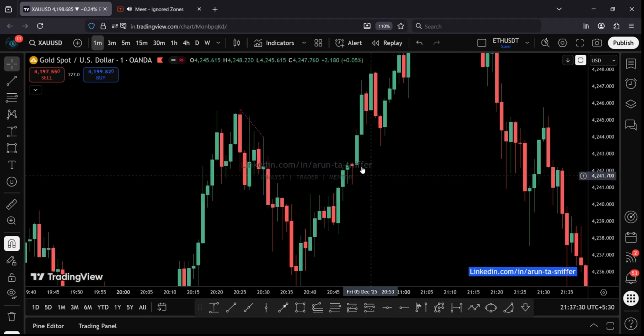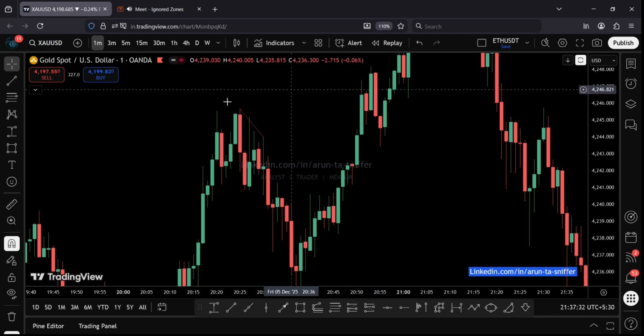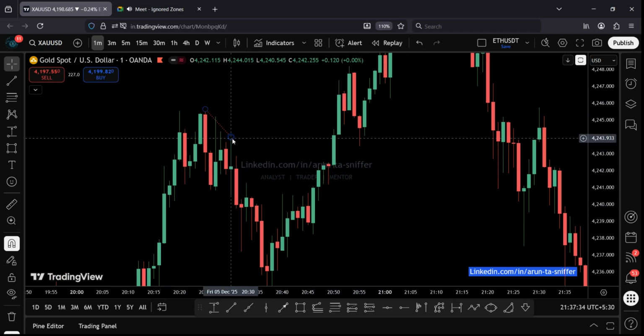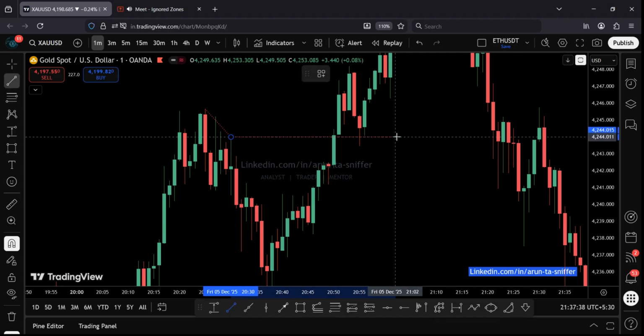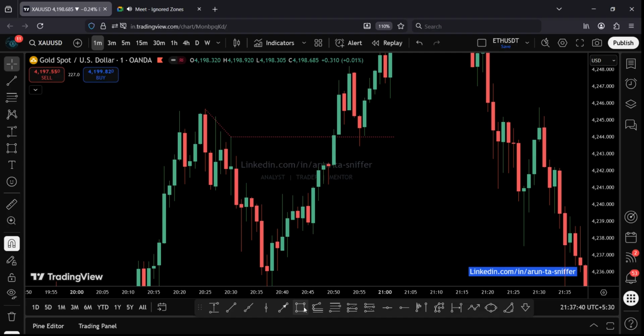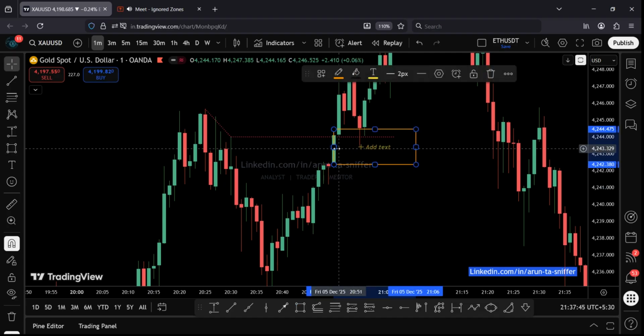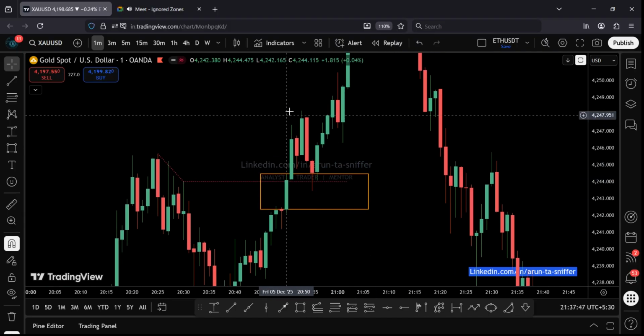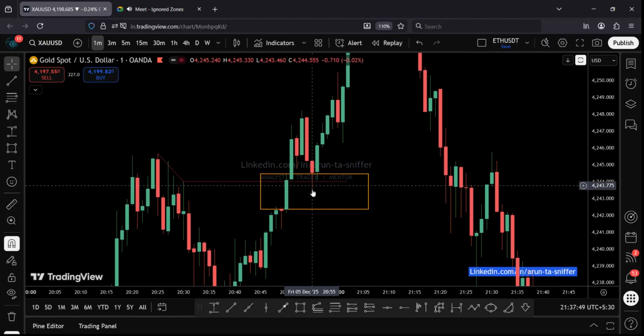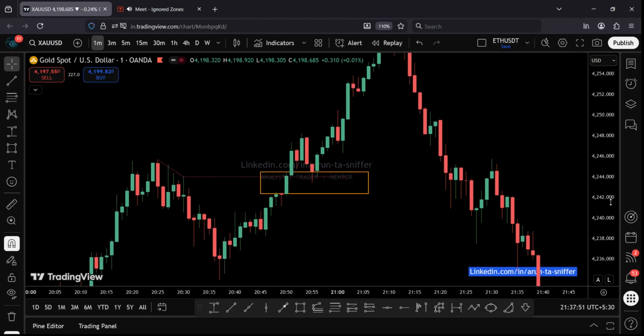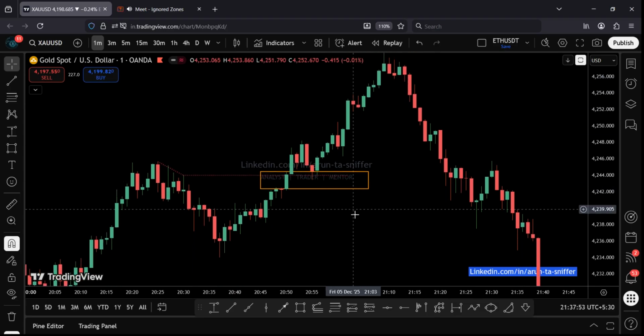But what happened? Price crossed directly. So we have an ignored zone here. This demand was ignored. What happened when price comes back again? It reacted from this zone and then goes back up again.